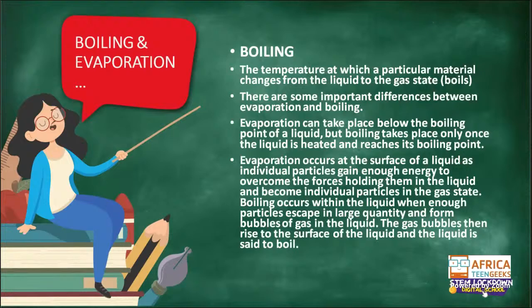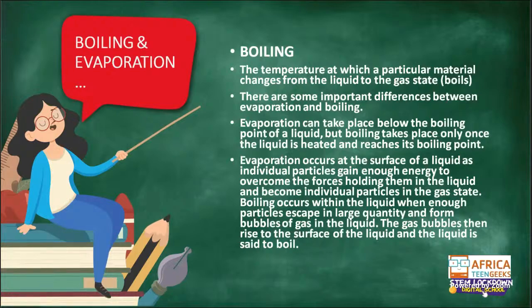There are some important differences between evaporation and boiling. When you boil, the water changes to what? Vapor. When evaporation occurs, the substance also changes to what? Vapor. So what is the difference between evaporation and boiling? Are they the same thing or different? We will get to know that.